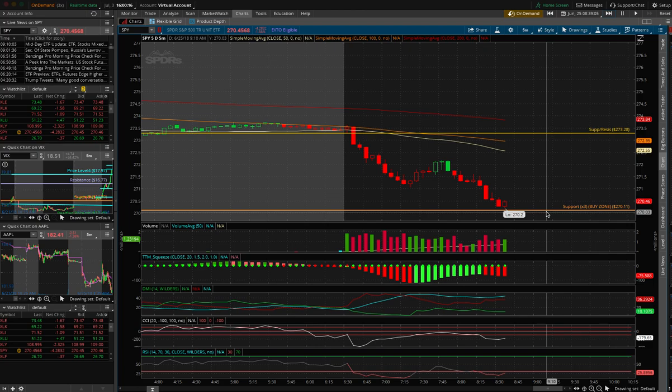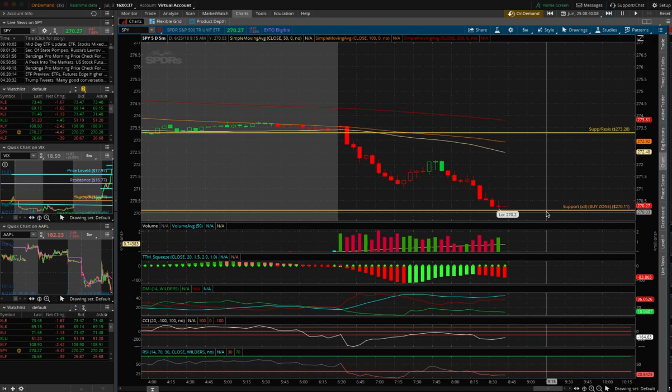So I'm showing you guys this trade because this is actually a trade that I did, a trade that I posted in the group, a trade that maybe quite a number of you were on with me and made some good money. So we want to wait until it tests that support, and then we could buy.